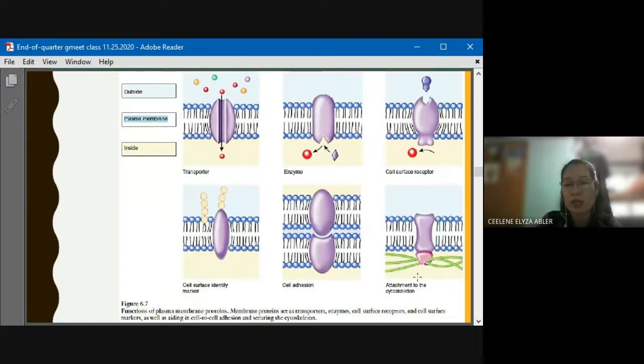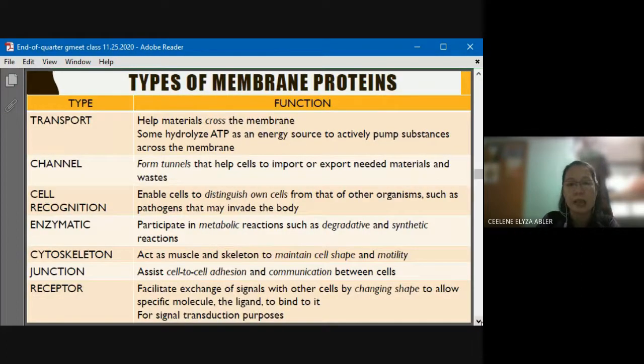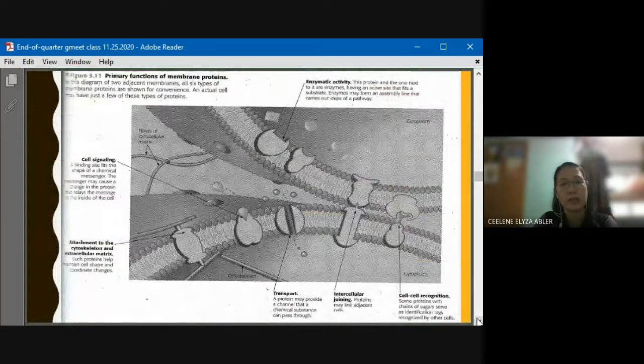And we have the ones that will attach to cytoskeleton, parang for the shape of the cell. Okay, so these are the membrane proteins that you have for the cell. Right? So the ones that are italicized, naka-italics, are actually the keywords for these membrane proteins. Alright.